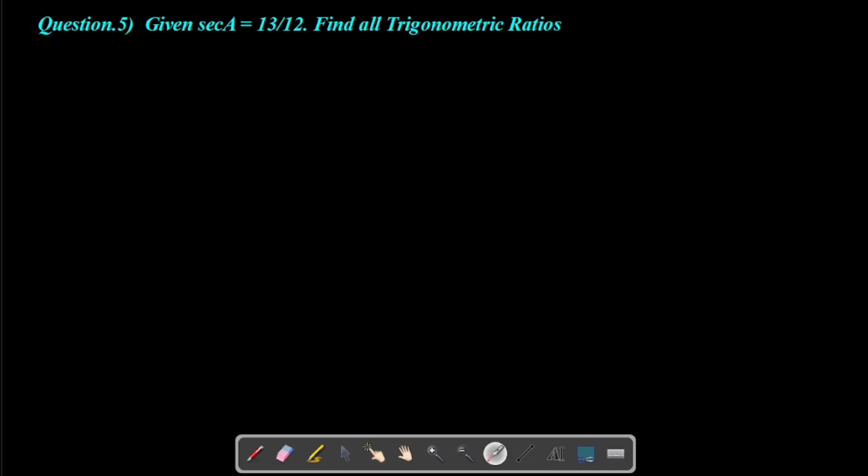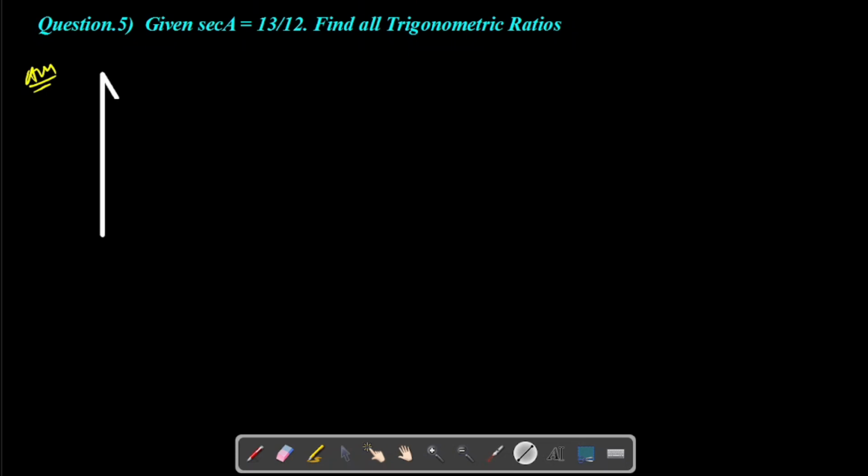So first of all, we must draw a right angle triangle here. How can we do it? We just draw a right angled triangle, something like this.